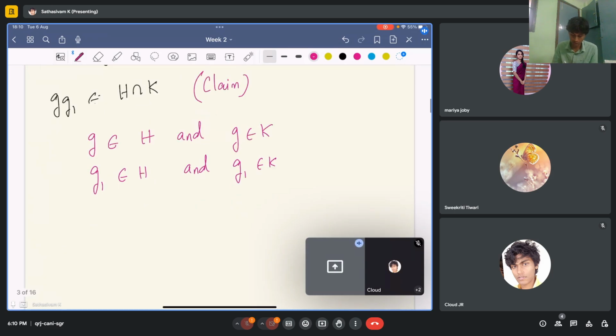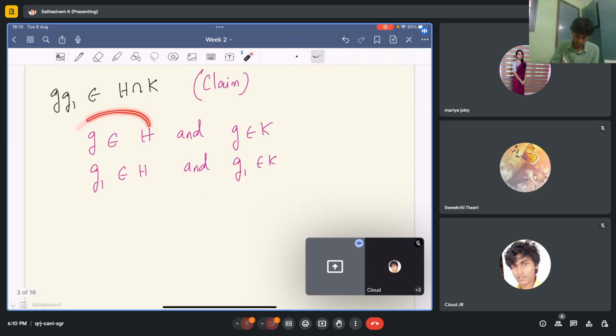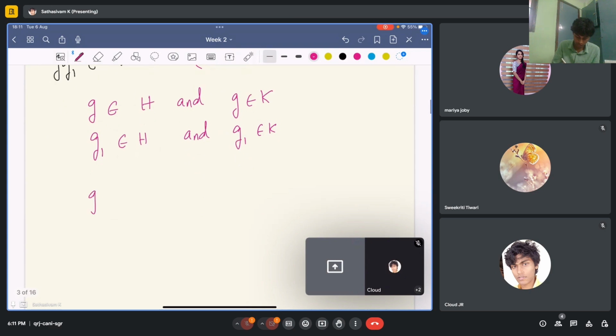Okay, so let's do the first one. Since g belongs to H and g1 also belongs to H, what we can say is the product g g1 belongs to H, right? Because H is a subgroup.